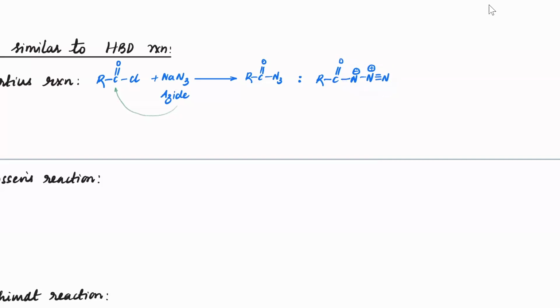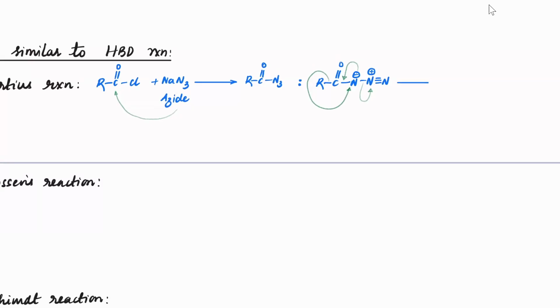Here we can clearly notice that N2 is a very good leaving group, and as it leaves, this negative charge will push here to make a double bond, and that's when R can substitute here. So the same Wolff rearrangement will happen. That leads to the formation of R N double bond C double bond O plus N2. What is this? This is isocyanate.